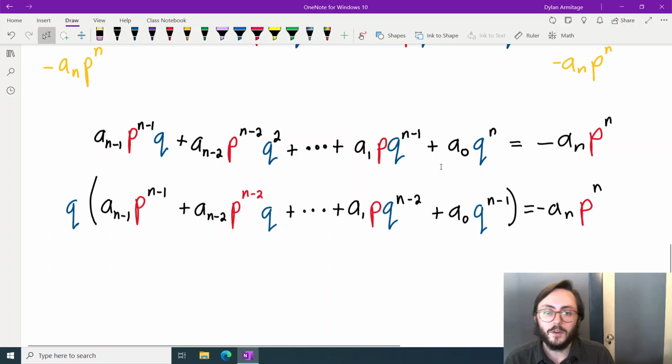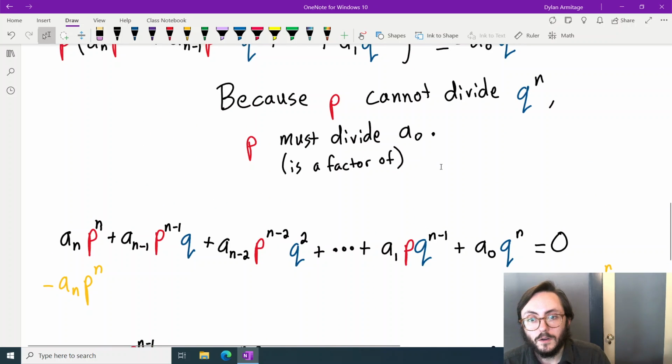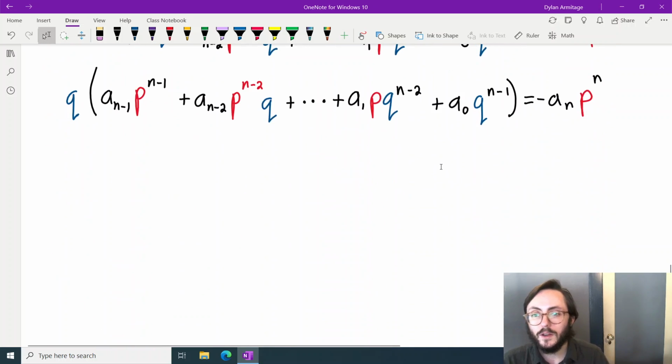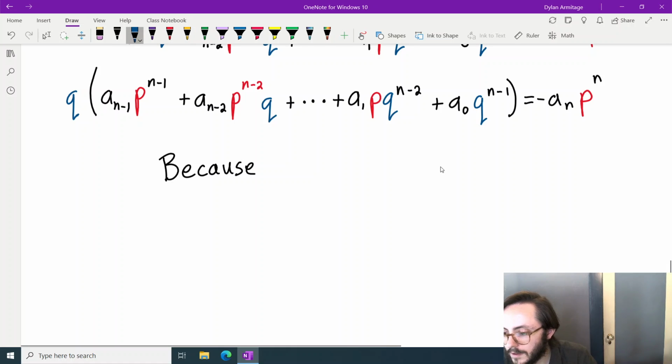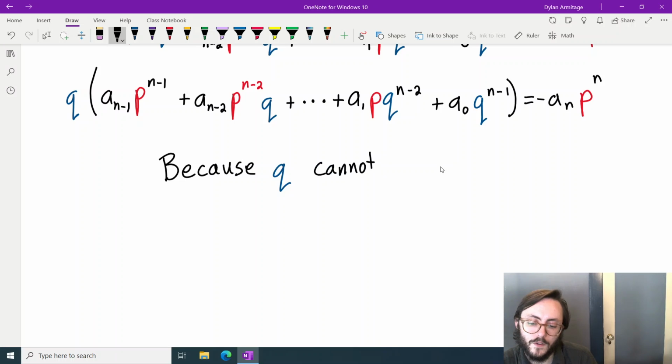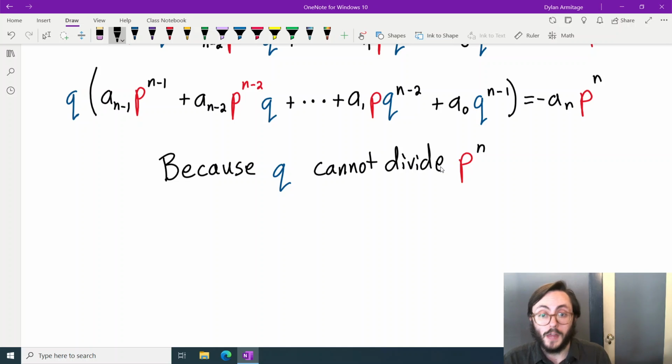Now we use the same argument that we did before. We know that q cannot divide p to the n. But we know that q times something equals p to the power of n times something else.